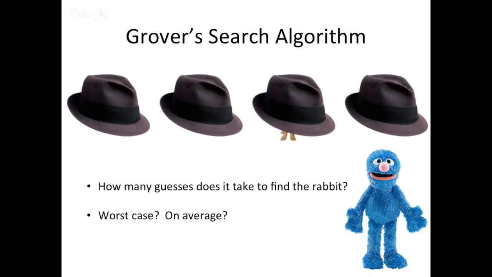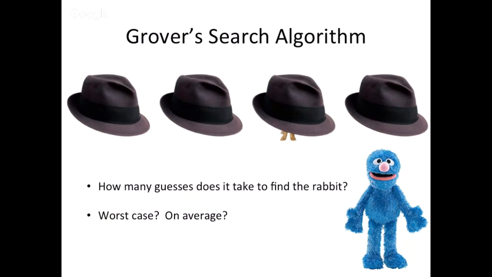And you want to find the rabbit, but what's interesting to us is how many guesses it would take to find the rabbit. So in the worst case here, if you just start from the beginning, it's going to take 3 guesses to find the rabbit.